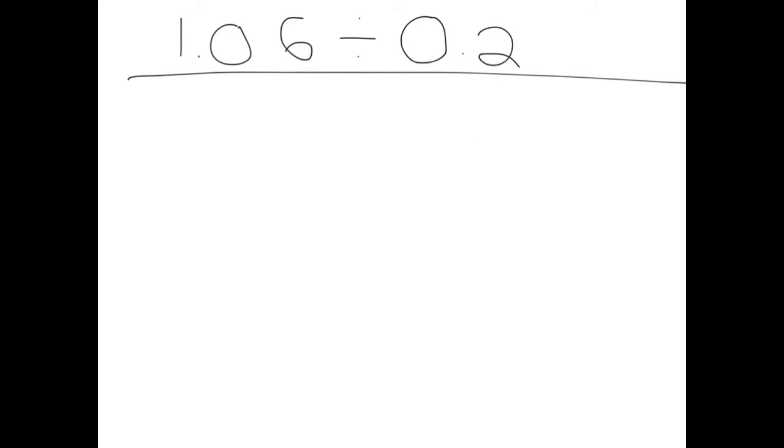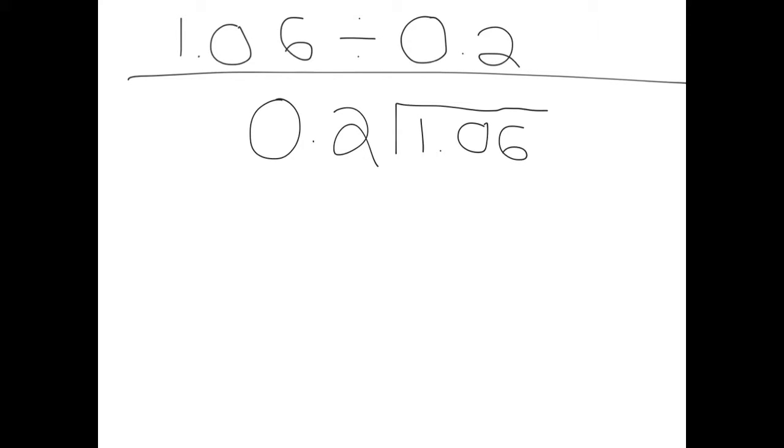This is 3.3, how to divide decimals. So you will get a 0.2, and you would divide that into 1.06. You move your decimal over, and you do the same here, and you bring it up. Put your decimal point right there, and then you shall divide.